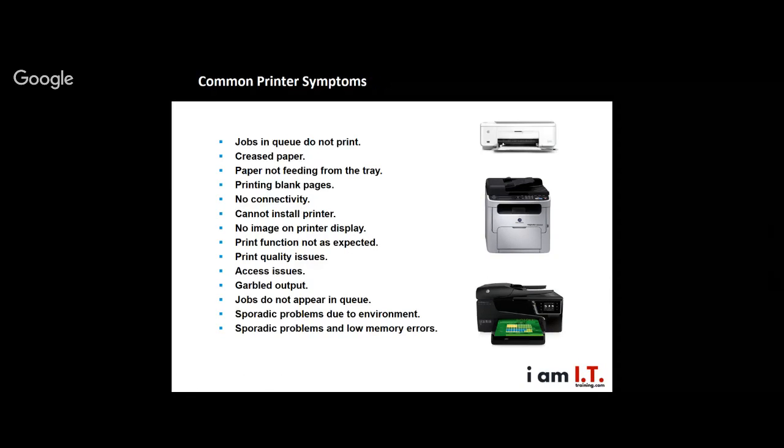So here's a list of the most common symptoms or common issues in printers. And I won't go through every single one of them with you, but I'll take some time to go through how you can identify if this is the issue.